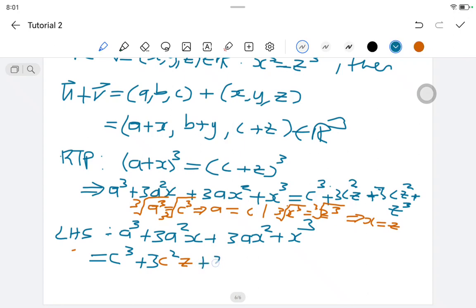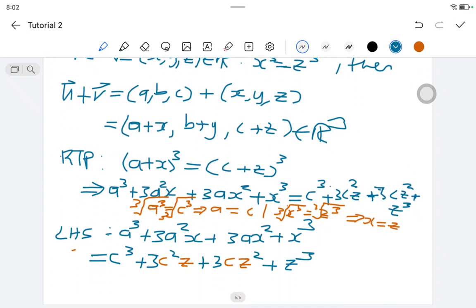Plus 3, we know that a is equal to c, and we know that x is equal to z. Plus c cubed, x cubed is equal to z cubed, right? X cubed is equal to that.